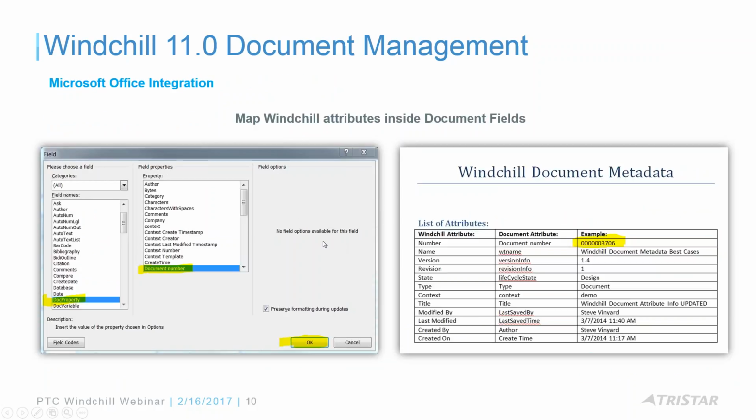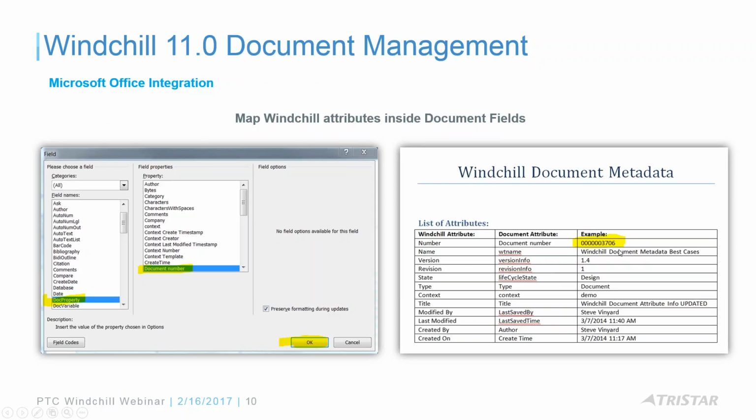Windchill also allows you to map its own fields into the documents themselves through the Microsoft Office quick parts or fields functionality. That means I can put some Windchill metadata about that document into the document itself.